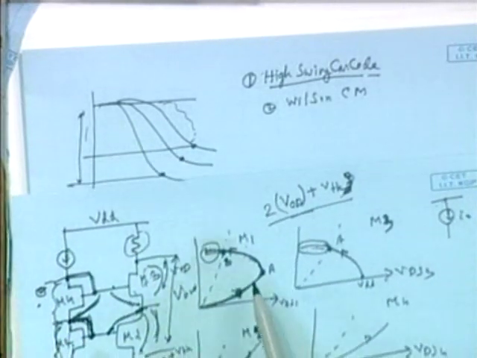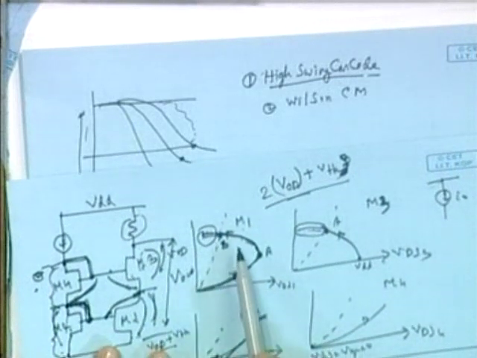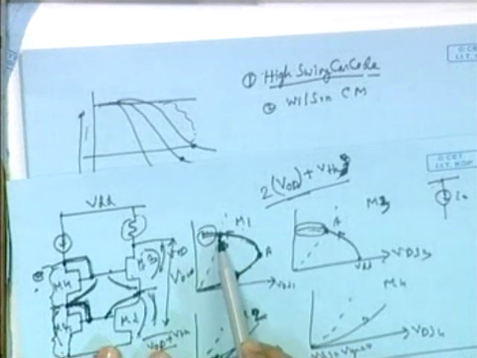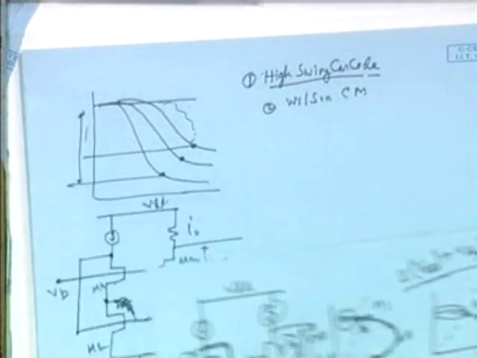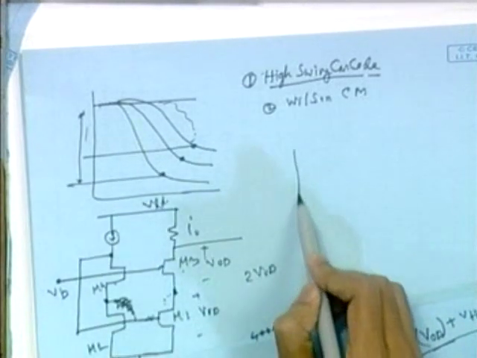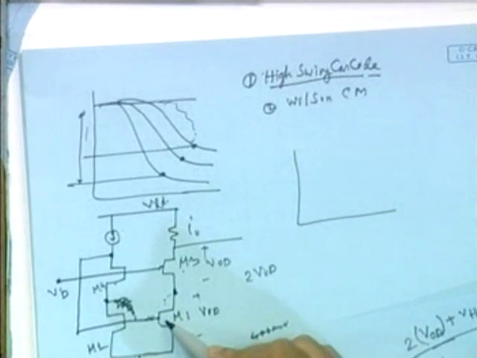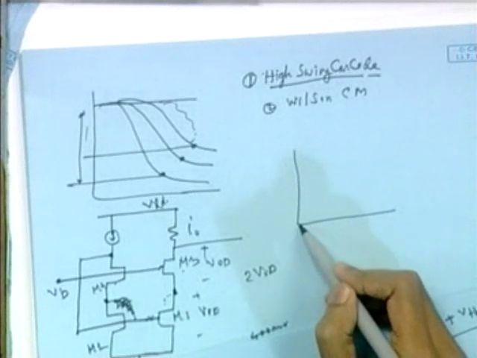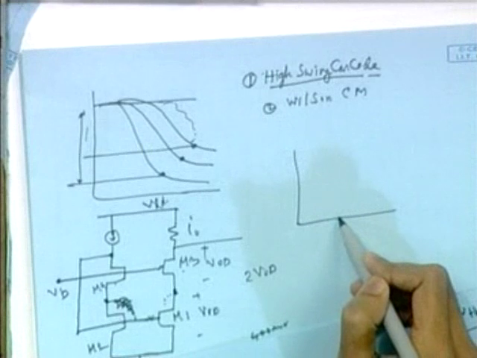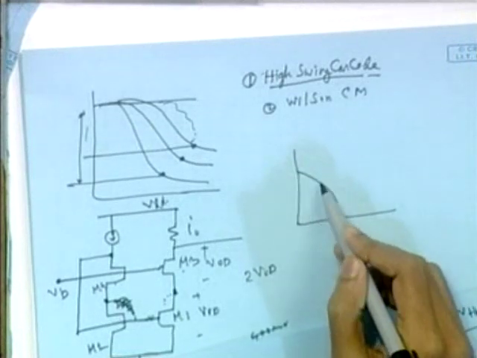Here you see that M1 first moves along this path and then again follows this, but the course of the movement of the operating point of this M1 will be like that, directly like one.